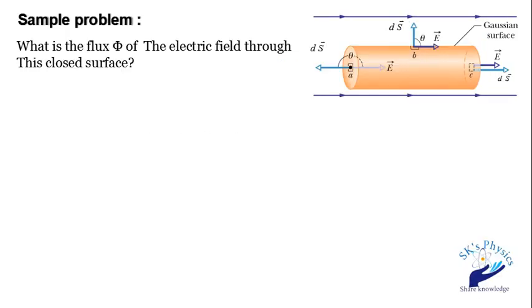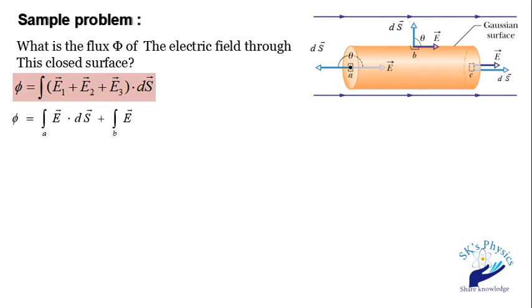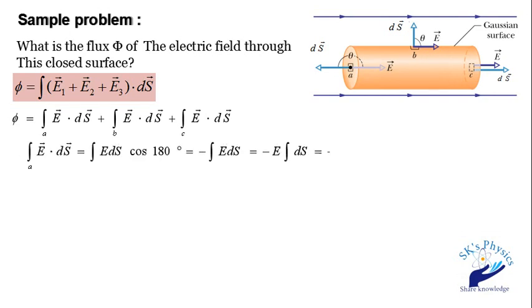Take a sample problem. What is the flux of the electric field through this closed surface? Here A, B and C are the surfaces with their ds and E vector. The flux is equal to integration E dot ds. Flux is equal to integration on A E dot ds plus integration on B E dot ds plus integration on C E dot ds. Integration on A E dot ds is equal to E ds cos 180 degrees. Cos 180 is minus 1, so minus E integration ds, that is minus ES.